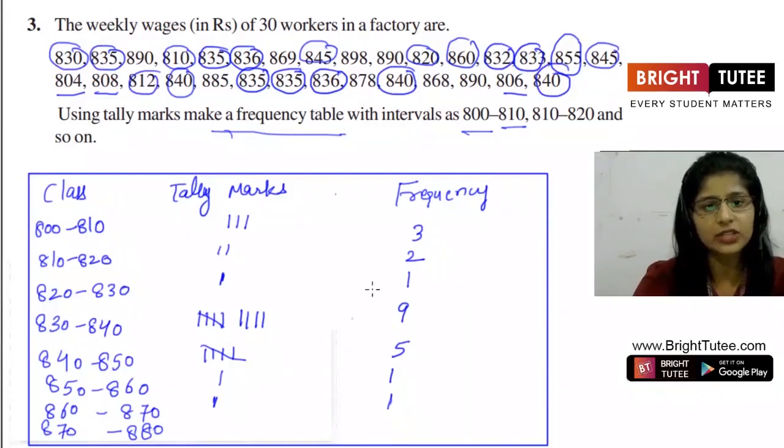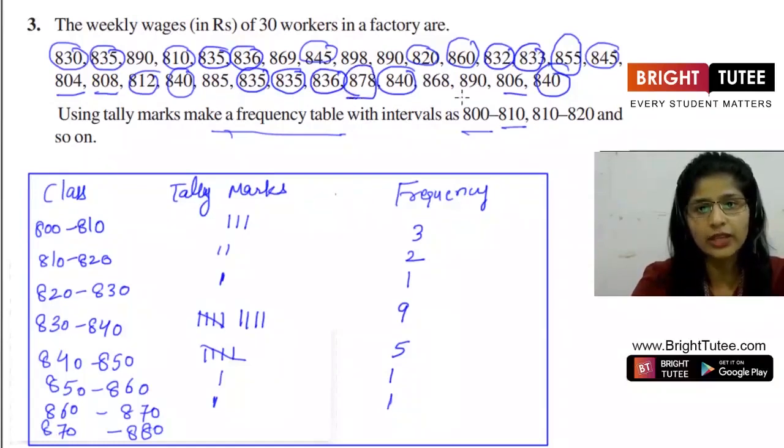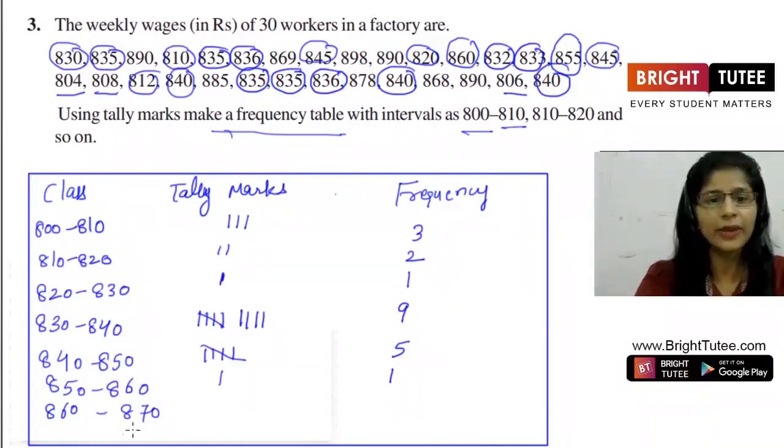Let us count. In the first line I don't find any, and in the second line we have 878, which is the 1.